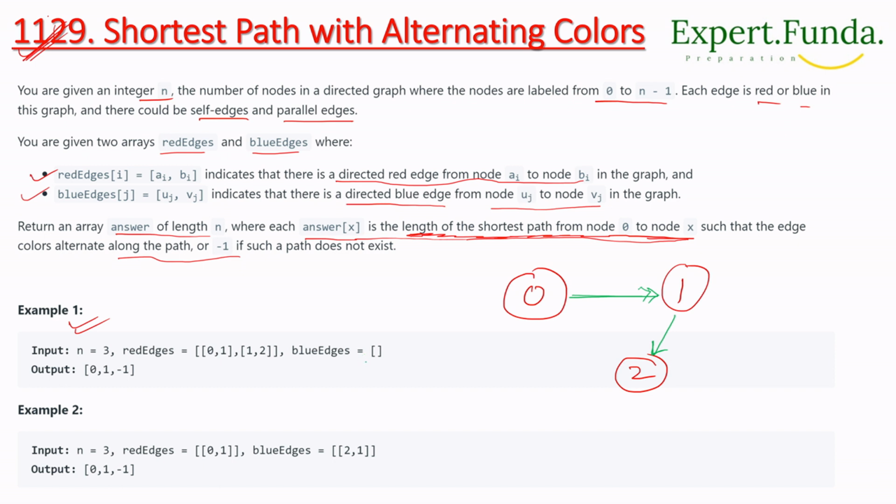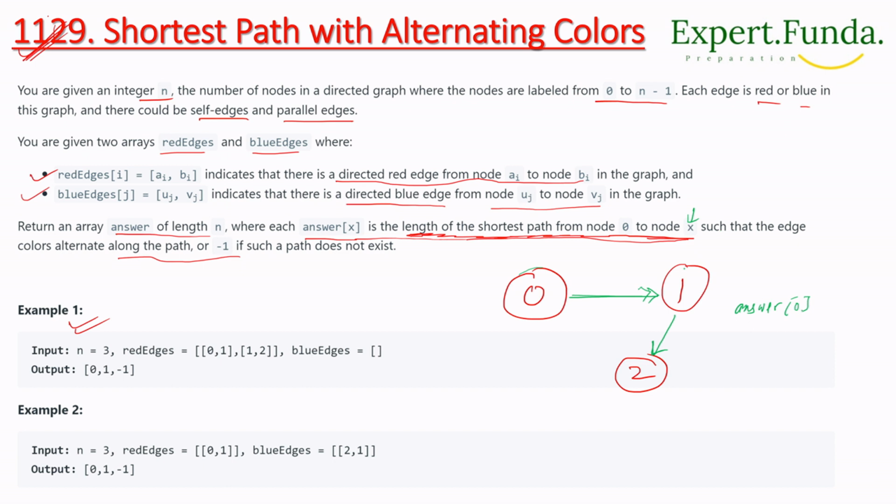So in this case, if we want to find the distances, we have three nodes: node 0, node 1, and node 2. The answer should contain the distance from node 0 to node x.